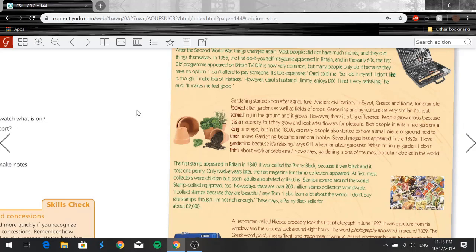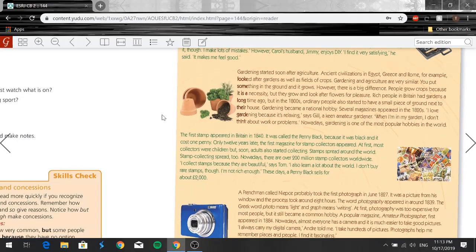The first stamp appeared in Britain in 1840. It was called the penny black, because it was black and it cost 1 penny. Only 12 years later, the first magazine for stamp collectors appeared. At first, most collectors were children, but soon, adults also started collecting. Stamps spread around the world.